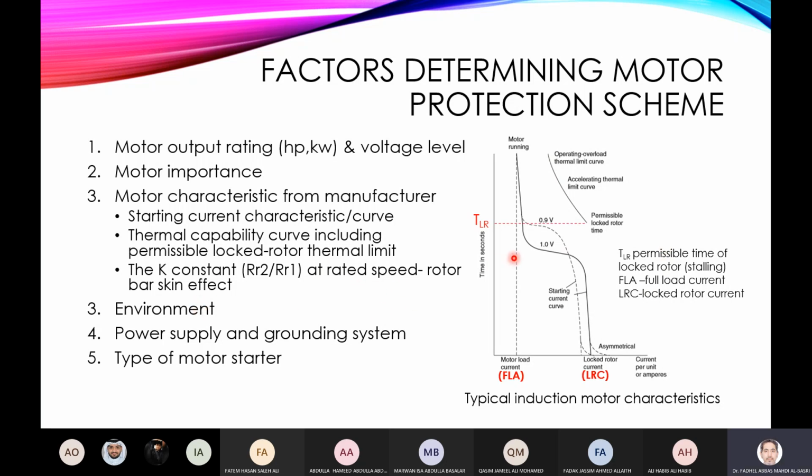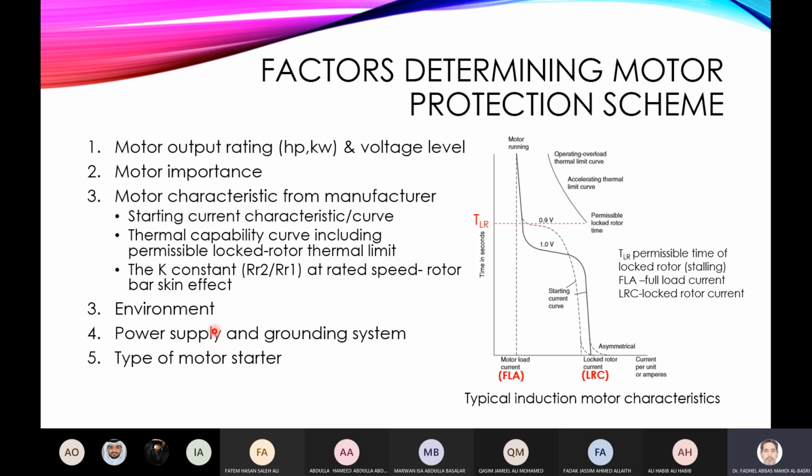Another factor you also need to know is the constant K, which is the ratio of the negative sequence resistance of the rotor to its positive sequence resistance. That is important as it gives the skin effect. I will come to this later in this presentation.